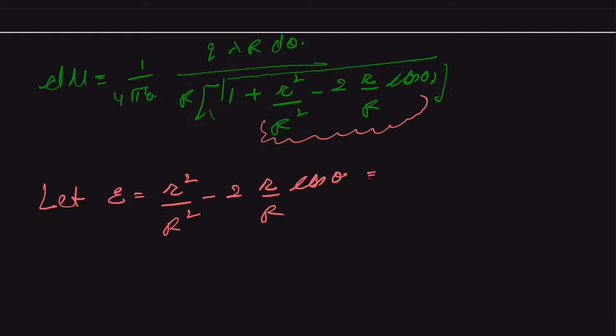Therefore, only the denominator part we can write as 1 upon the square root of 1 plus epsilon. Its Taylor expansion can be approximately written as 1 minus epsilon by 2 plus 3 epsilon square by 2 and so on.